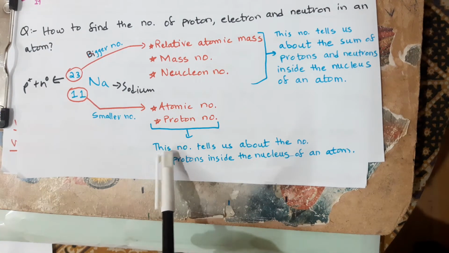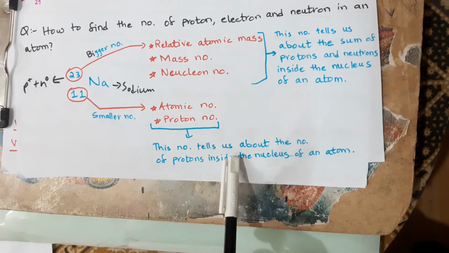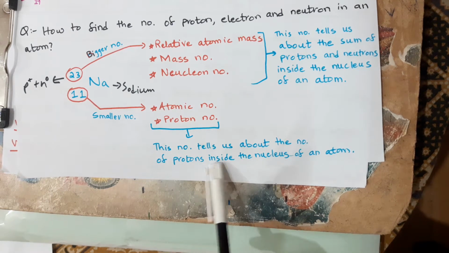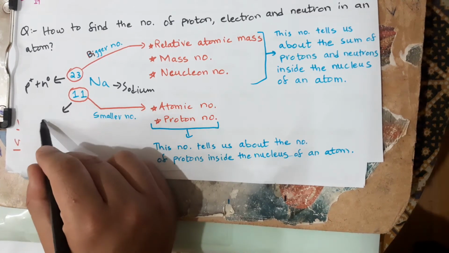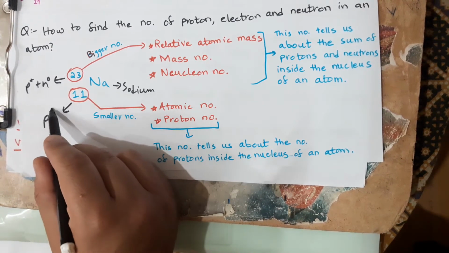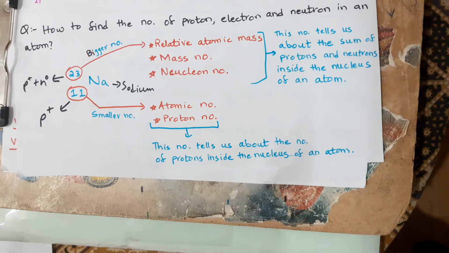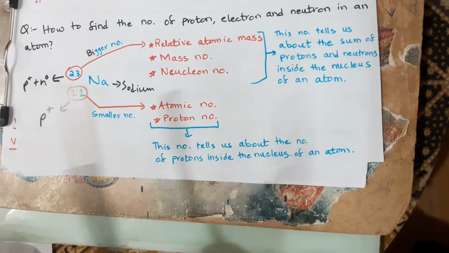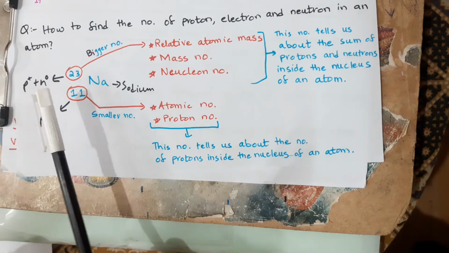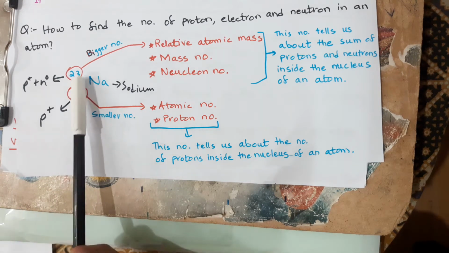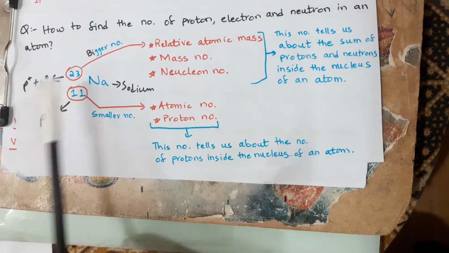However, the atomic number only tells us about the number of protons inside the nucleus of an atom. So it's obvious that 23 here is bigger.